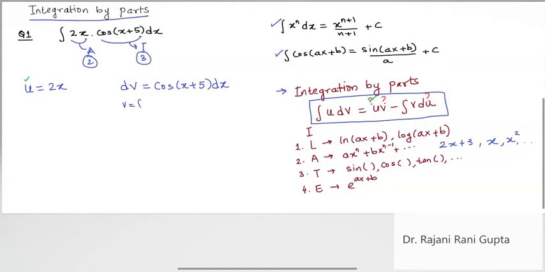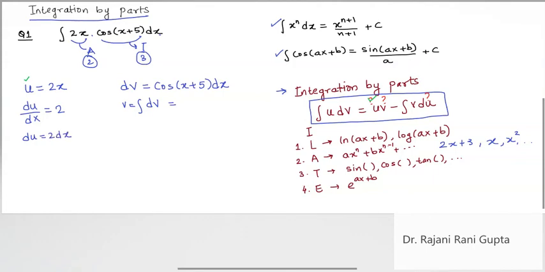If we integrate dv, we will get the value of v. Similarly, to get du, what should we do? We should differentiate. So once we have u, we differentiate u with respect to x. How do we know it is with x? Because of dx. So this gives you the value of du as 2 dx.